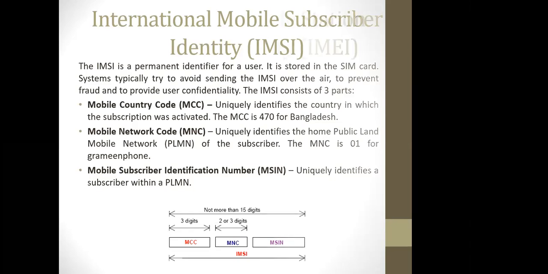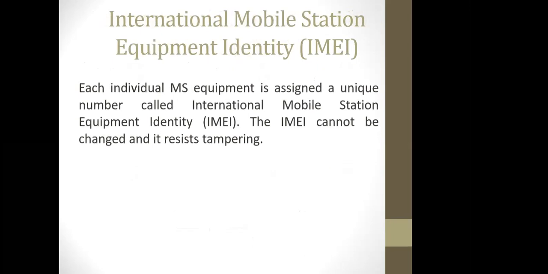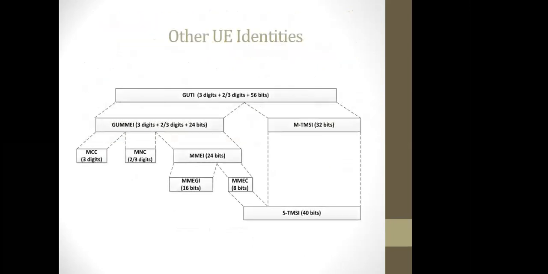Rather, the GUTI is a temporary identity, and the temporary identity is used, but the GUTI is very long. So a shorter temporary identity is created, and that is S-TMSI, taking only these two parts.